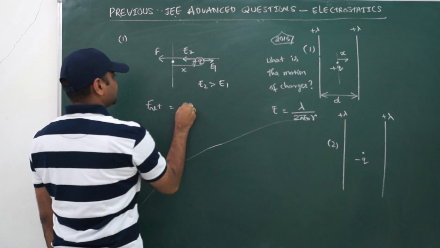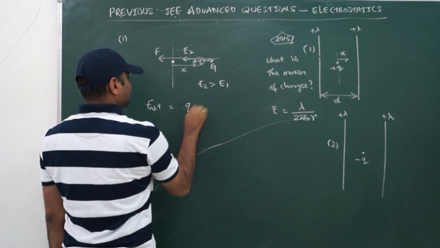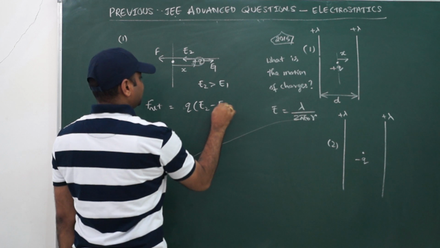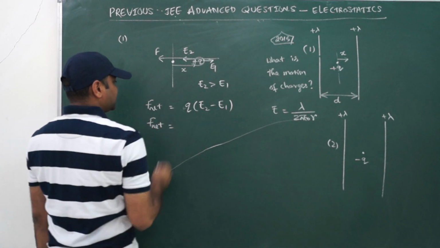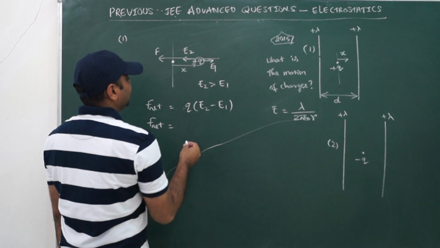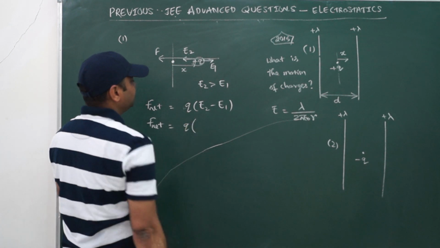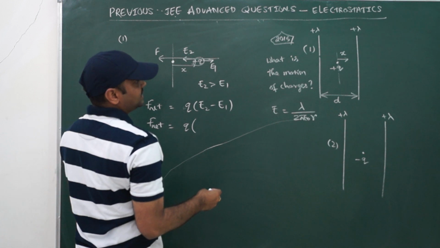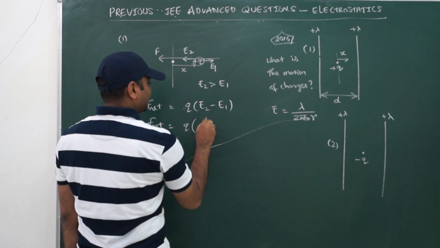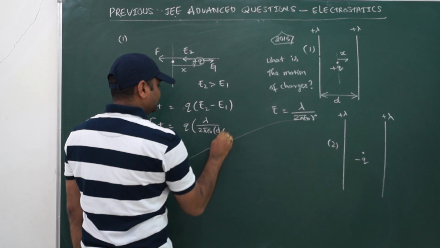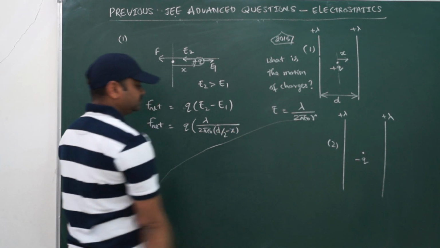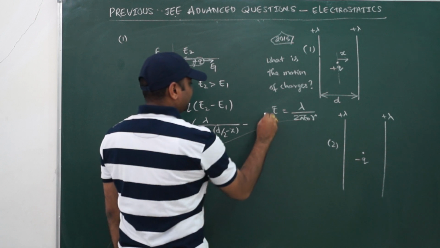Net force is equal to Q into E2 minus E1. E2 value is lambda by 2 pi epsilon naught into d by 2 minus x, minus E1 value.